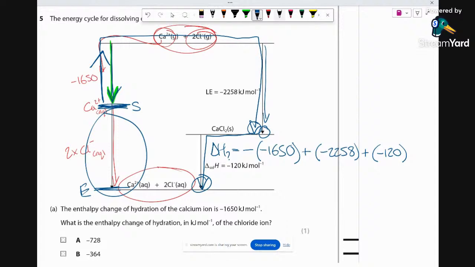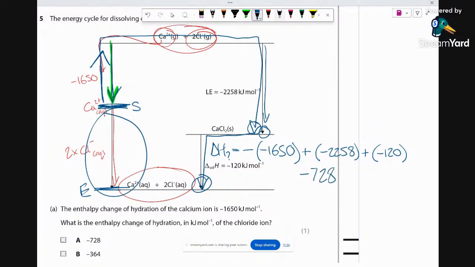Now, if I run that through my calculator exactly as I've written, minus brackets minus 1650, close brackets, plus brackets minus 2258, close brackets, plus brackets minus 120, close brackets. So I now get a value of minus 728.